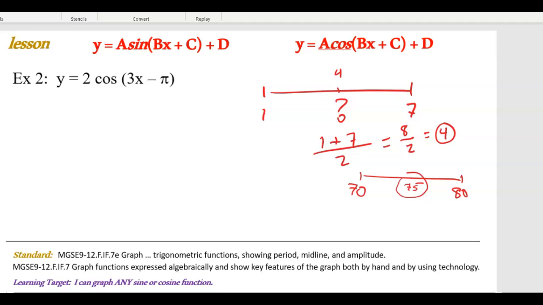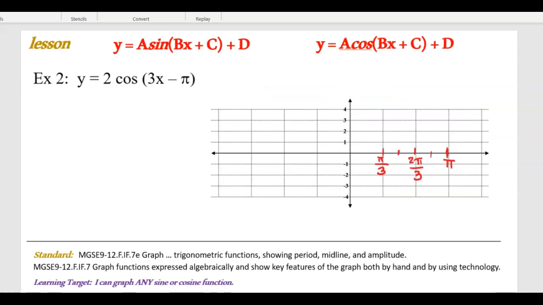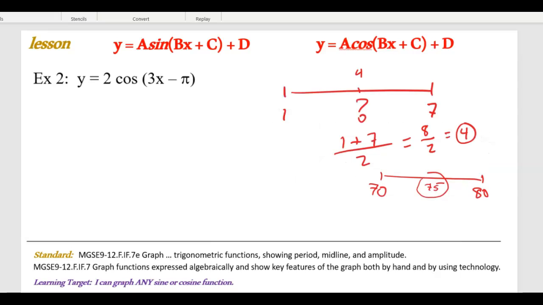So for this problem, I need to find the exact value of what's between pi over 3 and 2 pi over 3. So let's go back to that screen. So pi over 3 plus 2 pi over 3 divided by 2. Now, you don't have to do this if you can find the value without doing this work, but that's going to always give you the midpoint.